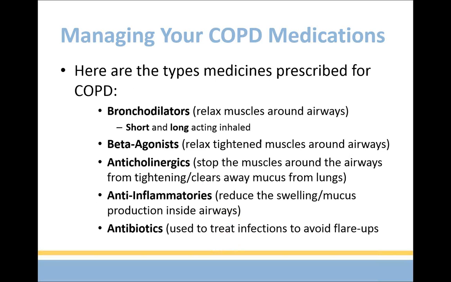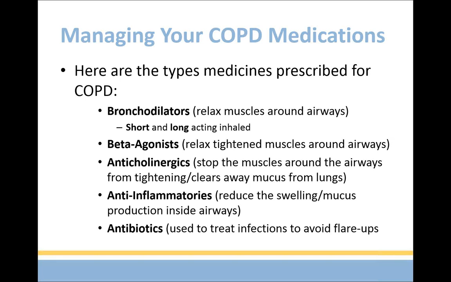The types of medicines that are prescribed for people with COPD include medications known as bronchodilators. They relax the muscles around the airways. There are both short and long-acting bronchodilators, and they're often used together.